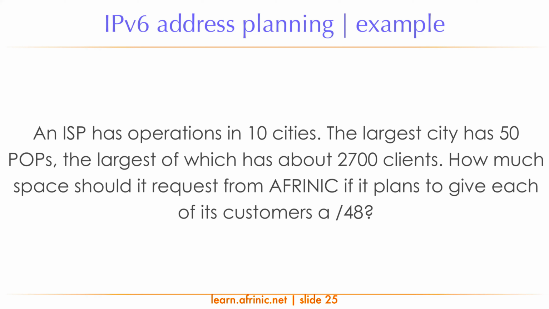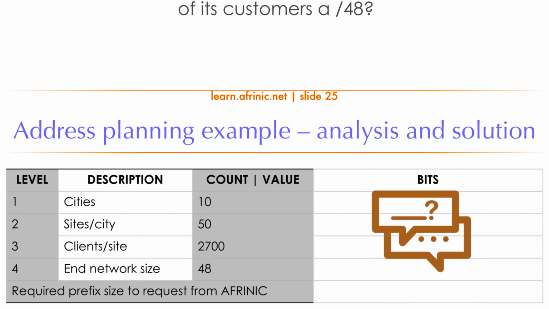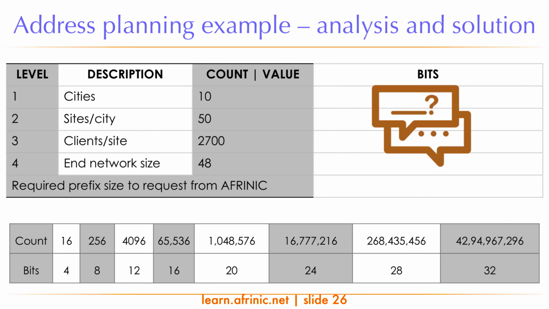So we're going to do it systematically. The first thing that we need to do is we've identified the entities, and we know the number requirements. So we have the entities, cities, sites, and we know the network size. We also know the number required at each level of our hierarchy.